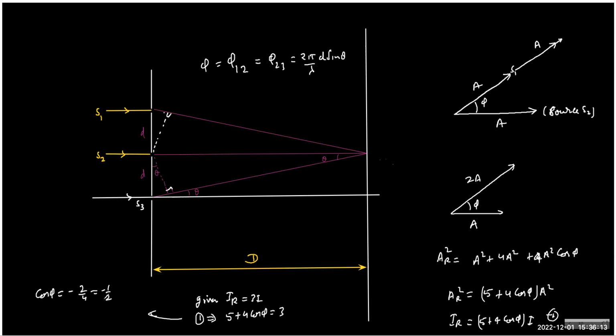So cos phi is minus half, so phi is how much? 5 pi by 6? 150 degrees? No, cos 60 is half, so pi by 3. So pi minus pi by 3 is 2 pi by 3, which is 2 pi by lambda into d sin theta.